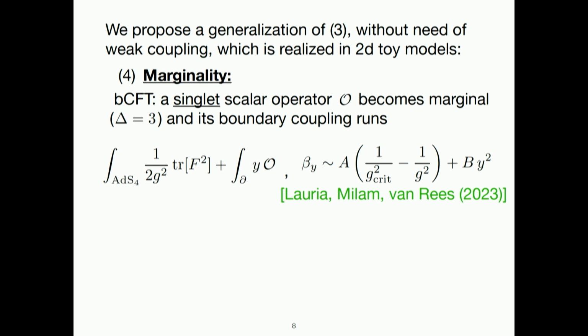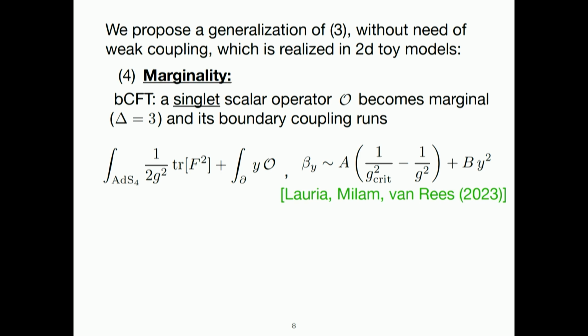And this paper by Loria, Milam, and Barris actually considered exactly this setup, in which we have our bulk Lagrangian and this marginal operator, and computed the beta function of this boundary marginal coupling. You see here we have to compute in a perturbation around the point, which is a strongly coupled point, in which the operator became of dimension 3, which is what I call here g critical.